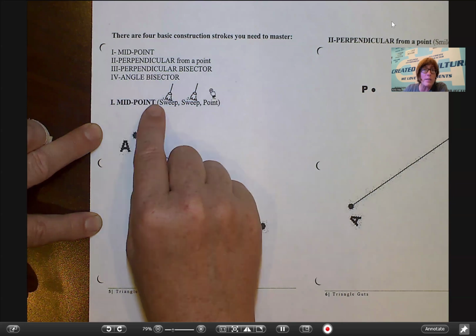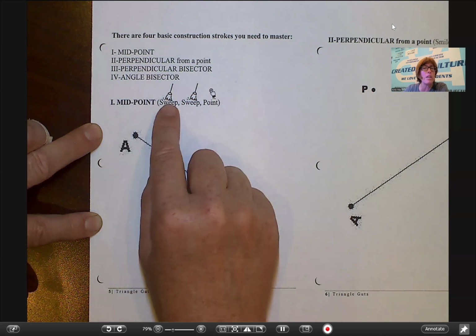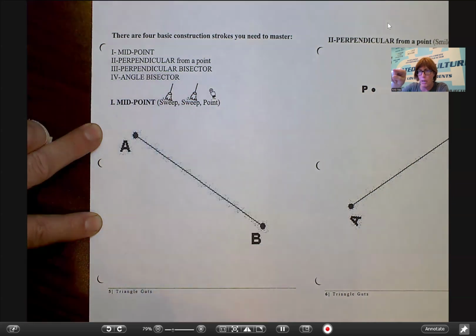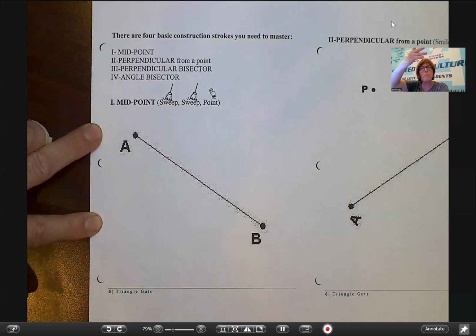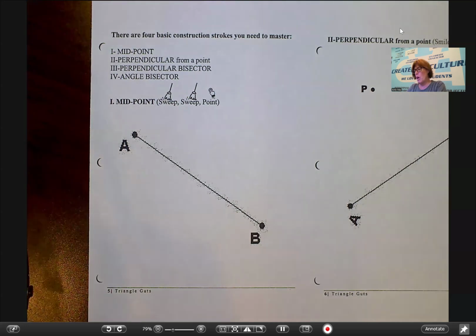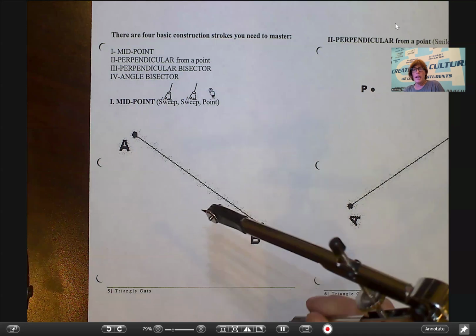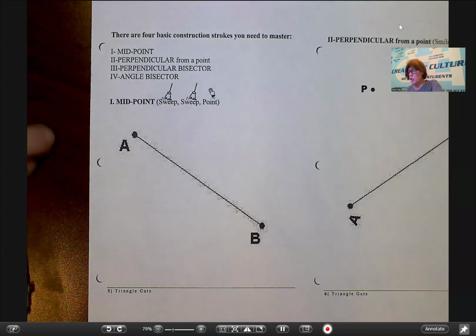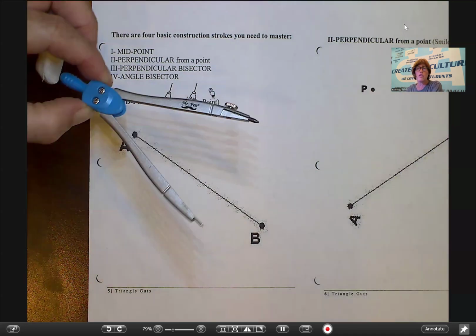The steps to find a midpoint are sweep, sweep, point. Let me show you what I mean. I'm going to do it working right-handed and show you using this compass. And I'm going to show you the tilt and twirl.